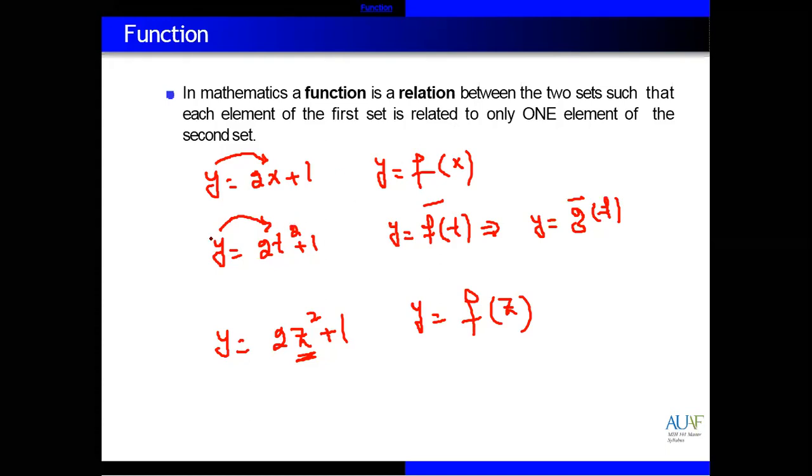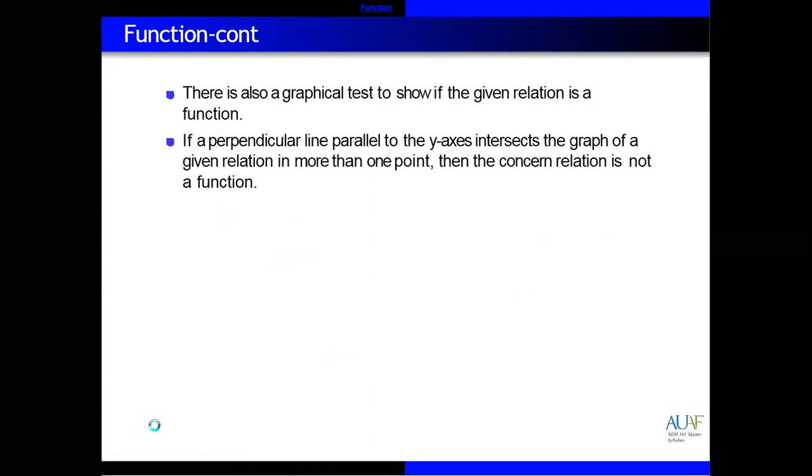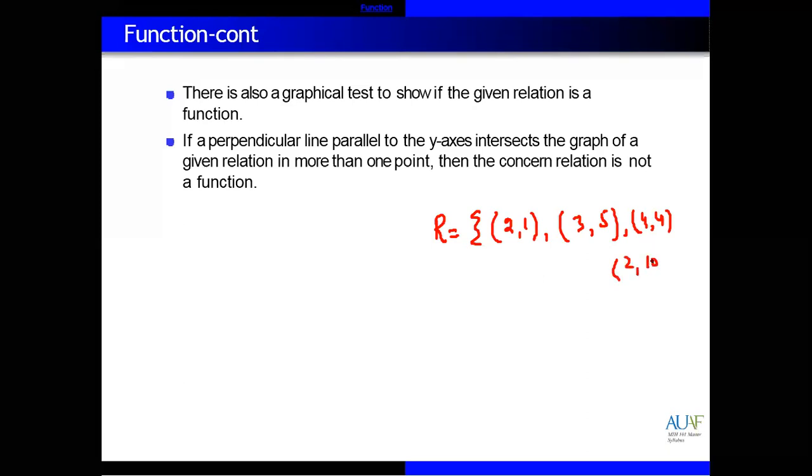Now, if a relation is given, how do you prove whether it is a function or not? For example, in set form, we have a relation R: 2 with 1, next 3 with 5, next 4 with 4, next, let's suppose, 2 with 10. Is this a relation? Is this a function or not?